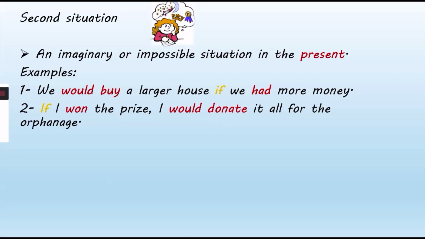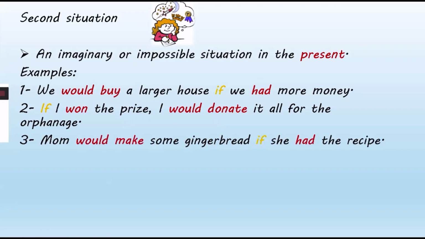That means at the moment you don't have enough money, so you won't buy a larger house. Number 2, if I won the prize, I would donate it to the orphanage, which means at present I didn't win the prize. I don't have it. Then one more example, 3: Mom would make some gingerbread if she had the recipe.